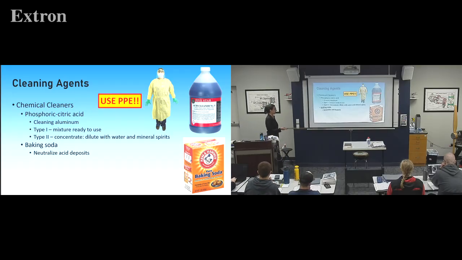Used for cleaning aluminum. Be aware there's two types, and if you forget, you could just go to the manufacturer. Type 1 is a mixture ready to use, or there's a type 2 that's the concentrate, and then you have to dilute it with water or mineral spirits or whatever the manufacturer says.